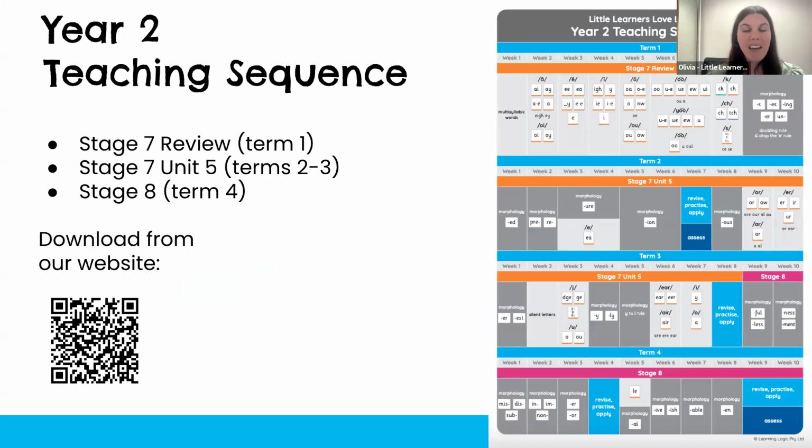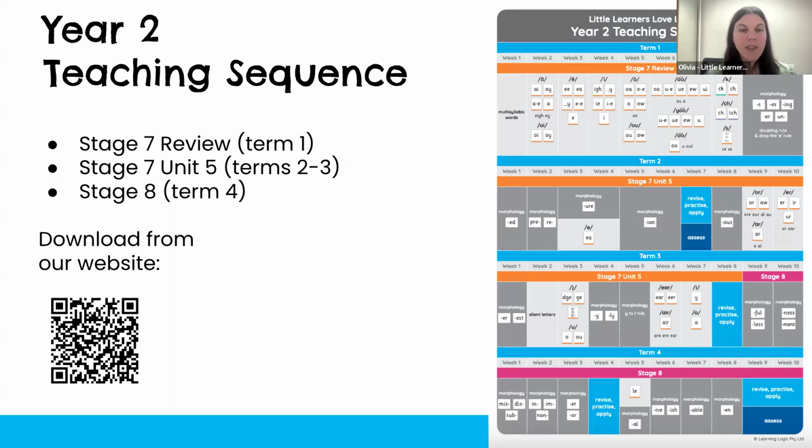On screen, you can see our Year 2 teaching sequence. At the top, for Term 1, the Stage 7 review. If you're here in this webinar, it's likely that you've already engaged with this review unit, and we've really enjoyed hearing all of your implementation feedback around this, particularly about how much your students are enjoying our Fluency Fun texts.